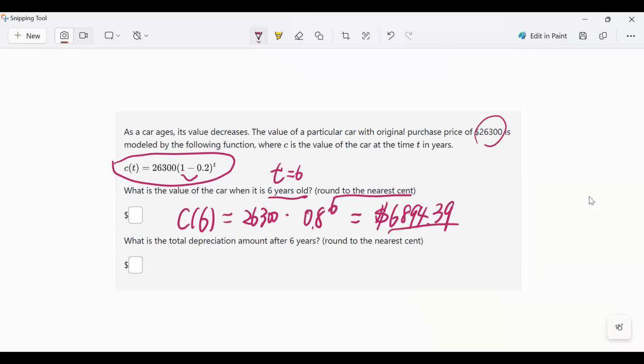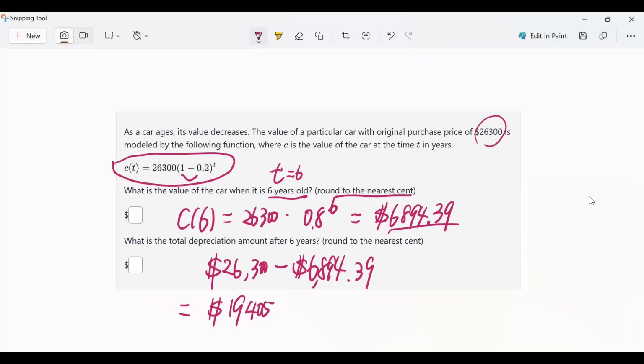So the total depreciation will be 26,300 minus the current value, $6,894.39. The difference is the total depreciation, and that turned out to be $19,405.61.